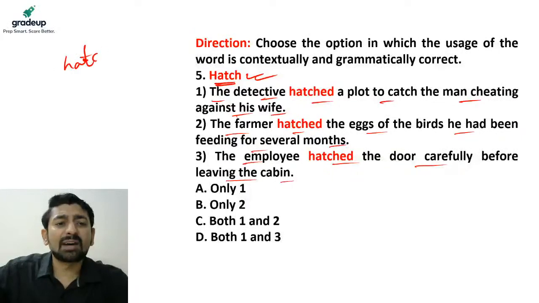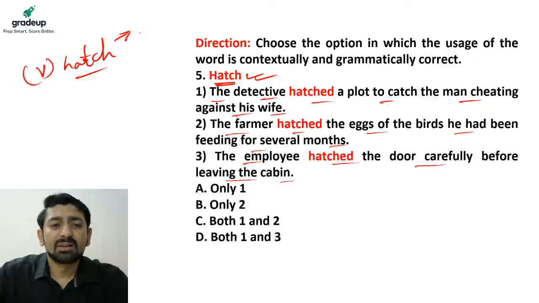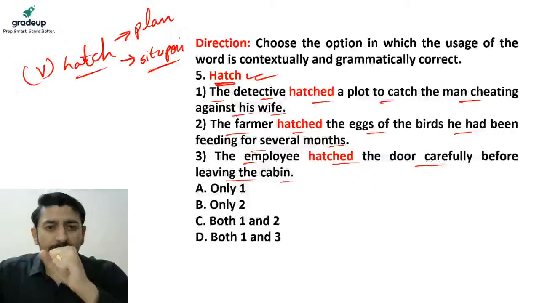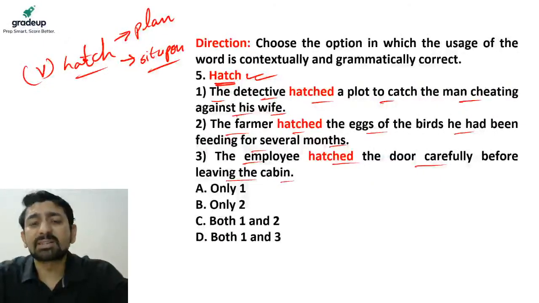Now, hatch could have again two meanings. Both are used as verbs. One is to plan, okay, and one in which the birds sit upon the eggs to actually assist its young ones to come out of the eggs.